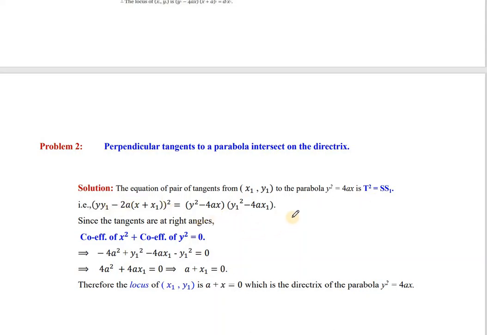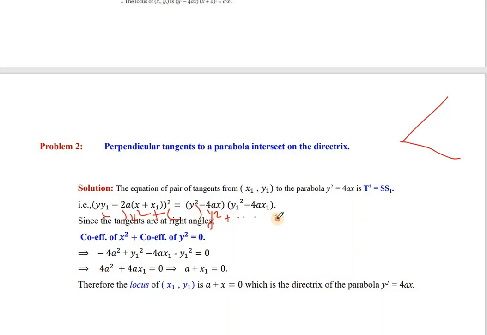Expanding this, so for two lines to be perpendicular, in the first chapter itself, that is in the preliminaries, we have given that the condition for the combined equation to represent perpendicular lines is that coefficient of x square plus coefficient of y square equal to 0. So you rewrite this equation in such a way that you get coefficient of x square and coefficient of y square, and of course along with that you will have some more terms.